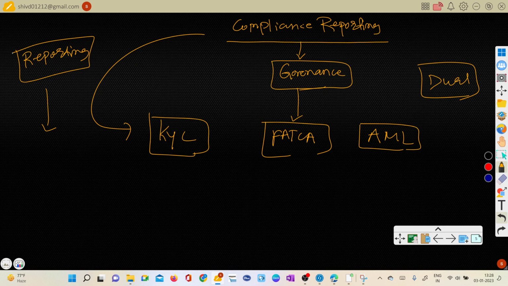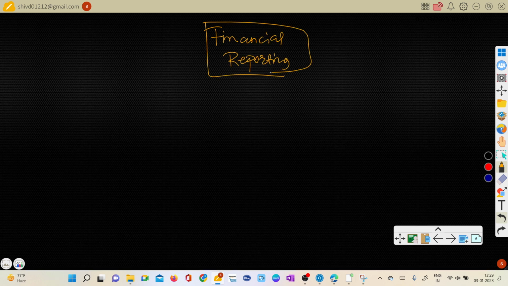And the last one is financial reporting. Financial reporting is to know the business position: the business assets, liabilities, receivables, payables. And that's what we prepare.